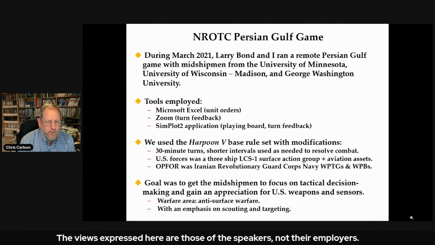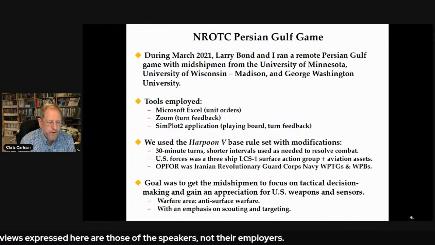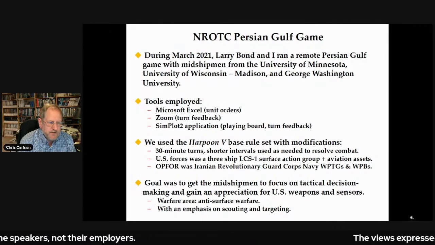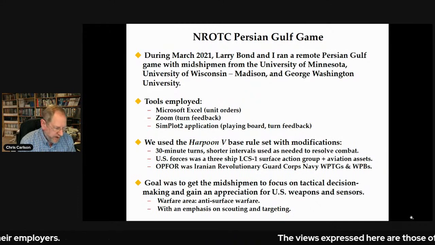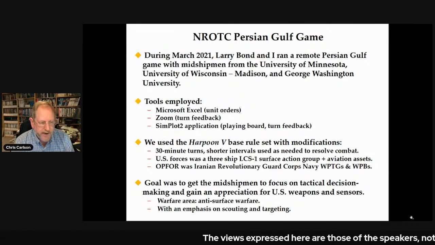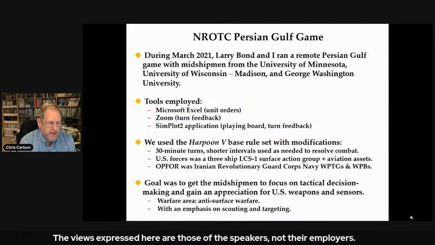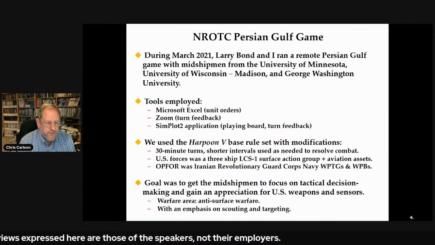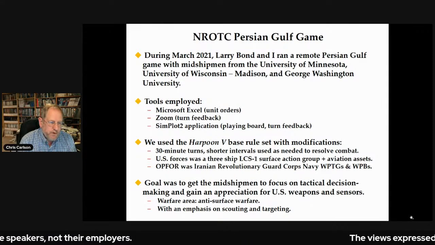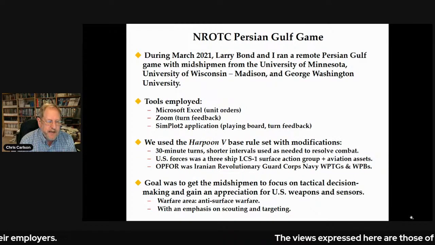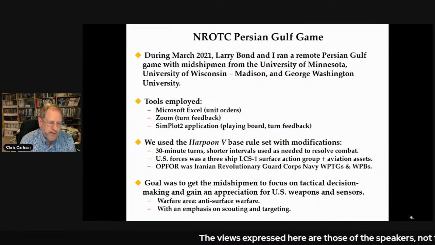The tools that we used, we tried to focus completely on keeping this as simple as possible. Since this is an educational game rather than a collaborative or exploratory game, following the KISS principle is really something you need to do, particularly when two of the units had no previous experience with wargaming. So we used Microsoft Excel to take in unit orders. They could tell us what they wanted to do with their systems.